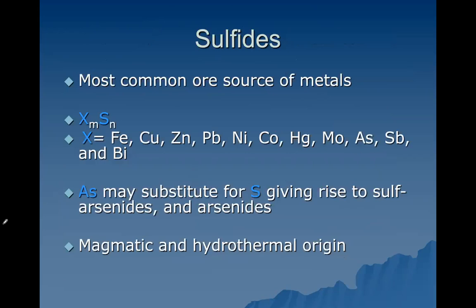Right, so sulfide, we will consider some little more details on sulfides. Most common ore source of metals. So associated with sulfides, what you have is these metal sulfides. These metal sulfides prefer these elements. So you can see here copper, zinc, lead, nickel, cobalt, mercury, molybdenum, arsenic, antimony, and bismuth.